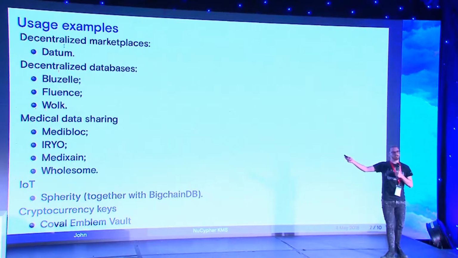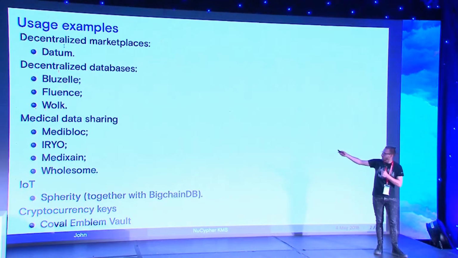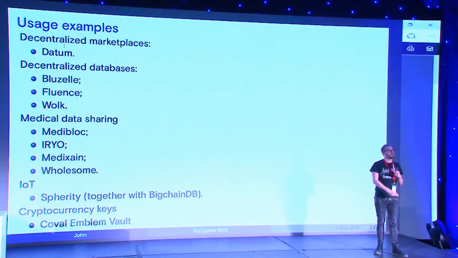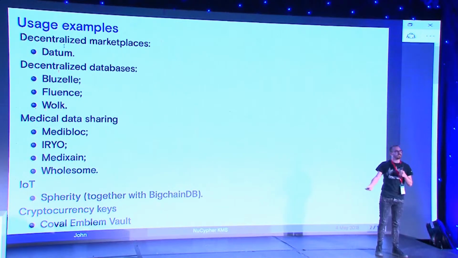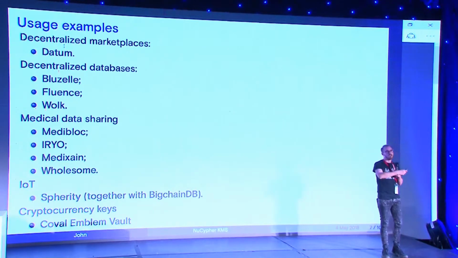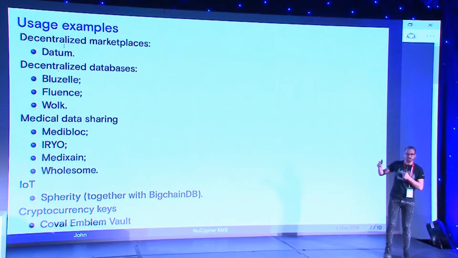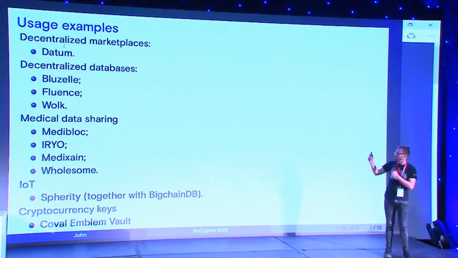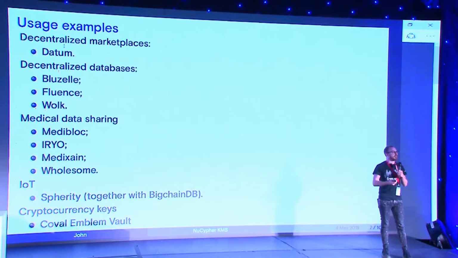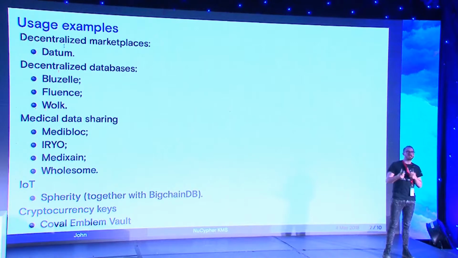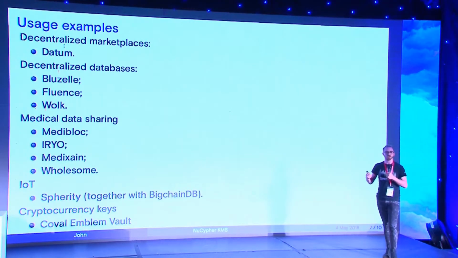So this is useful in many cases. For example, a decentralized marketplace like Datum, or decentralized databases like BlueZell, Fluence and Volk, who use this for an access control layer. Medical data sharing companies such as Mediblock, Metachain, and IRYO are using this to grant the data owner access and control over their data.